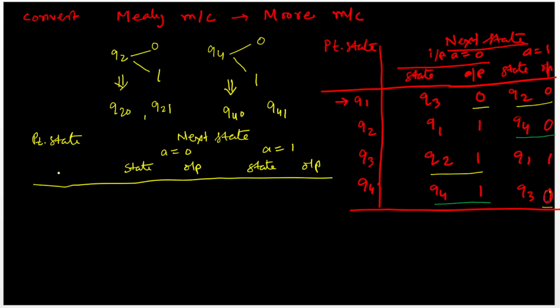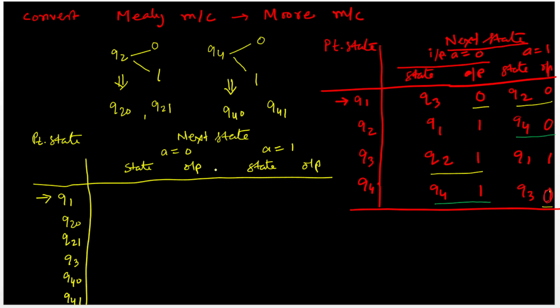Okay. Now starts from Q1. What are the new steps? First Q1, then Q2 is basically generated as two states: Q2 0 and Q2 1. Then Q3, then Q4 0 and Q4 1.